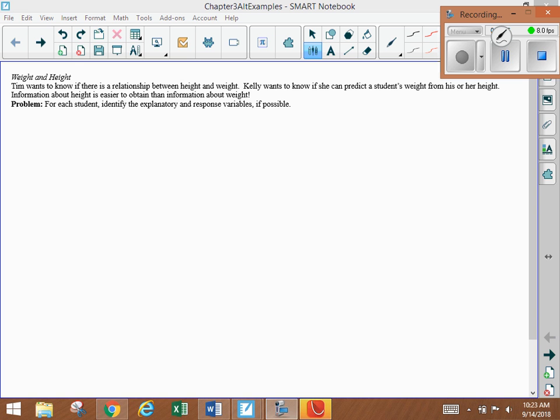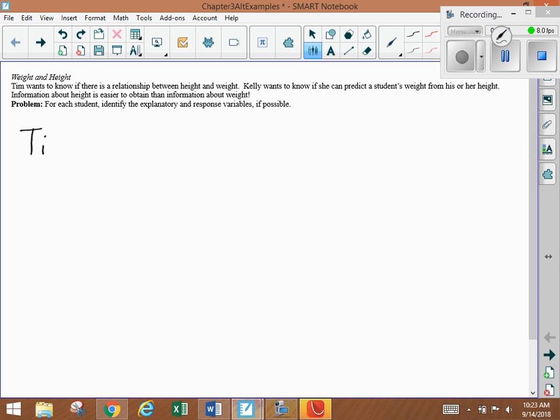So let's see. For each student, identify explanatory and response variables. Okay, Tim. He wants to know, is there a relationship between height and weight? Well, Tim, what do you want? Yeah, probably, but what do you want to know? Do you want to know, does height determine weight, or does weight determine height? There's not enough information there for us to name an explanatory and response variable, right?